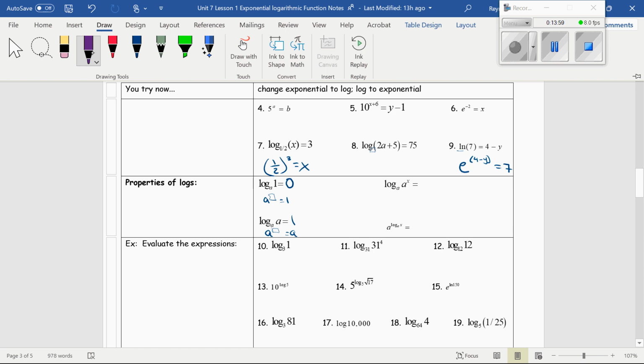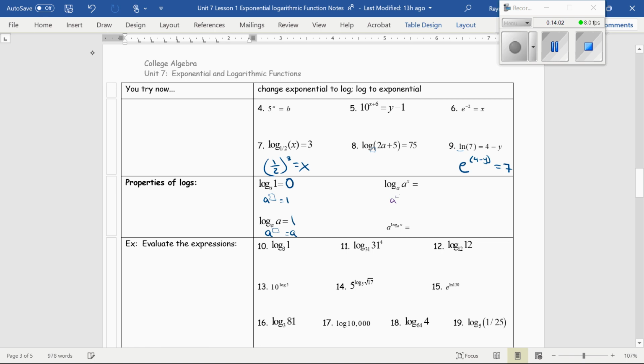This here means a to what power is equal to a to the x power. Well, if my bases match, then my exponents must match too. Think like 2 to the third must equal 2 to the third as well. So this is just going to equal x. That's what would go in that blank.